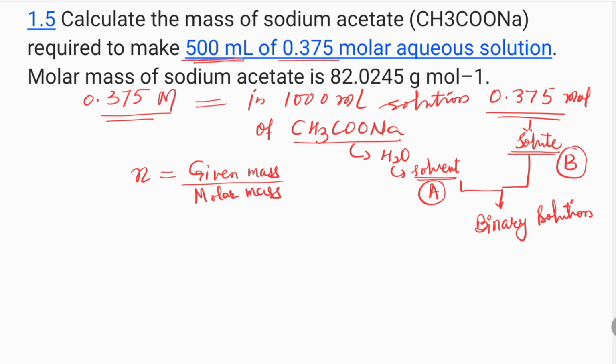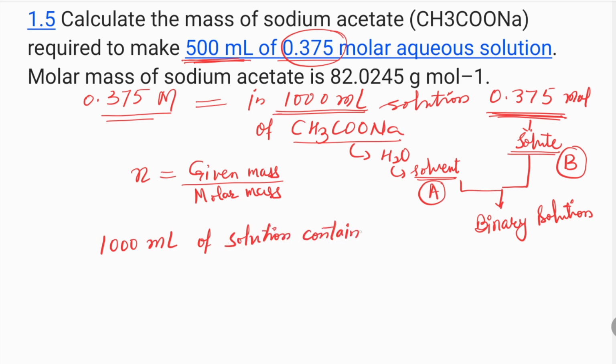Now we have been asked that in 500 milliliter how many moles will be present. So what we are going to do, we are going to convert this number of moles, which is in 1000 milliliter, into 500 milliliter. So you can say that 1000 milliliter of solution contains 0.375 moles of solute.